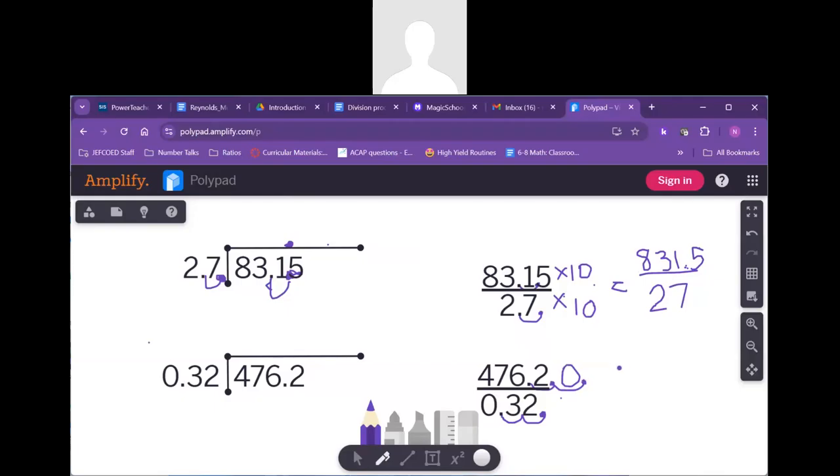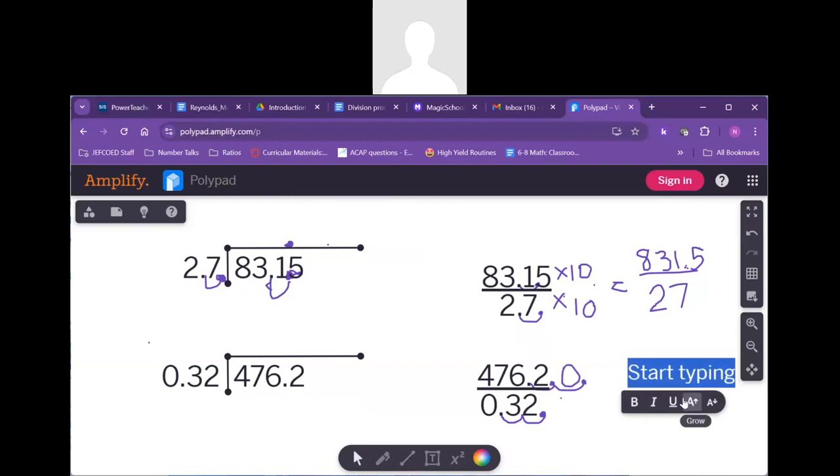Okay, so what is my new problem? My new problem, and I'm going to type it because that just seems to work a lot better, is 4, 7, 6, 2, 0, and then I have the decimal point. So what number is that?